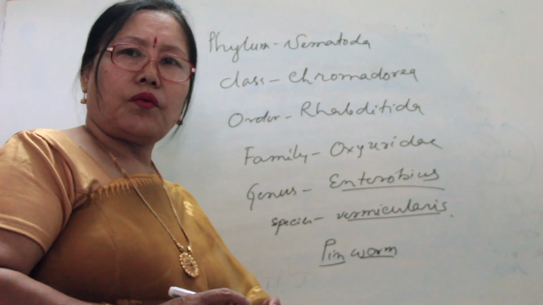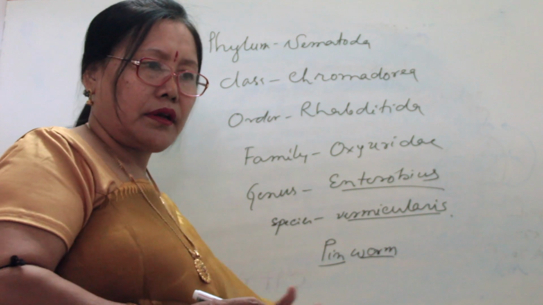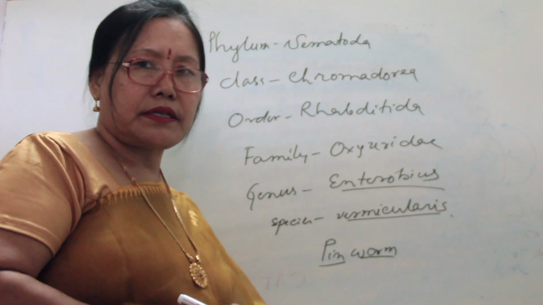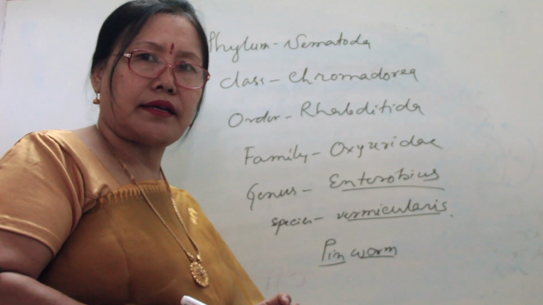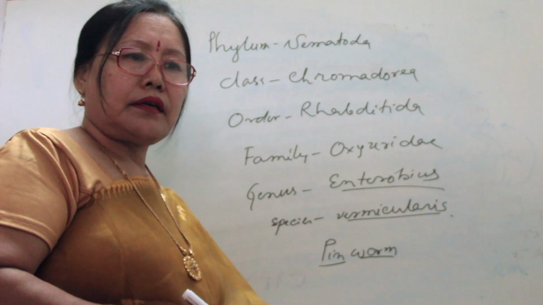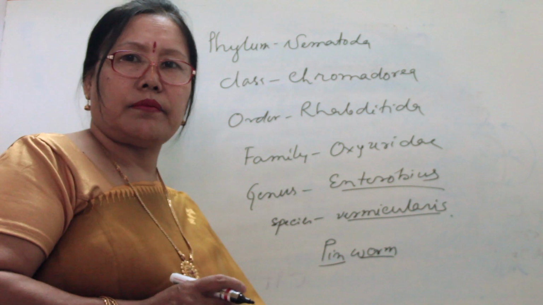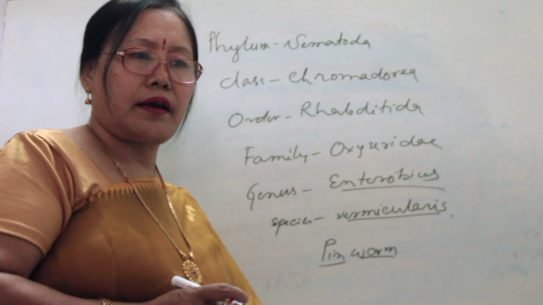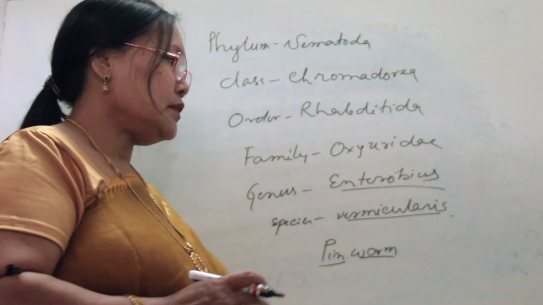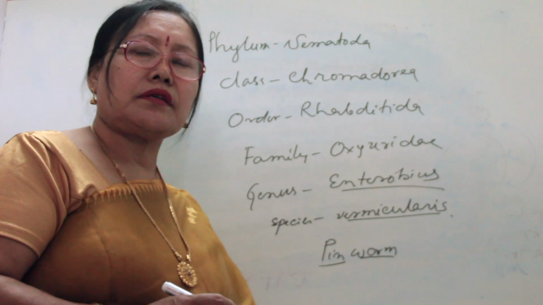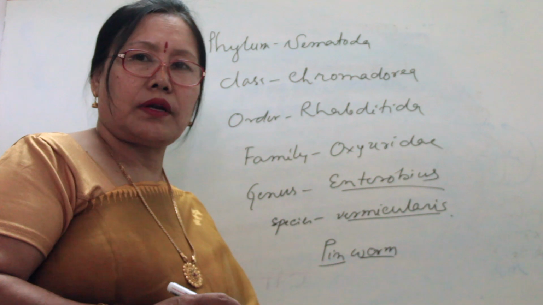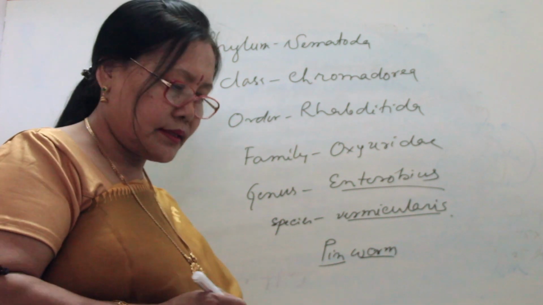They are worldwide in distribution and they are more commonly present in children than adults, and the adult worms inhabit the cecum area near the anal region. These are all about the systematic position of this pinworm, which we call Enterobius vermicularis.